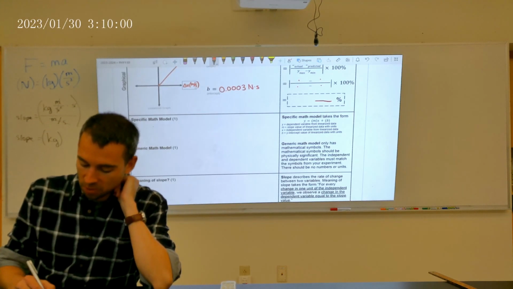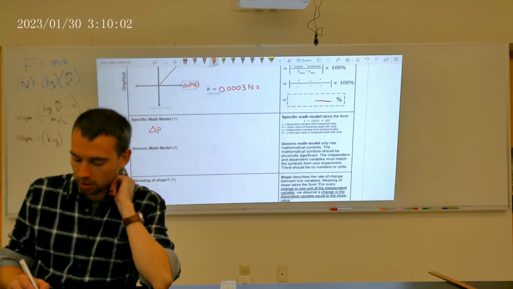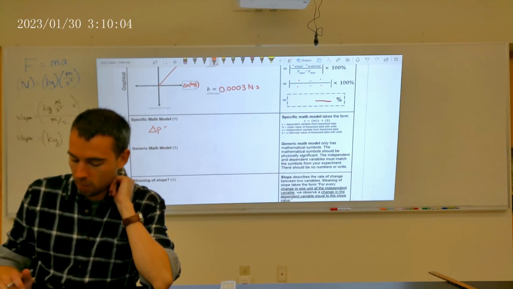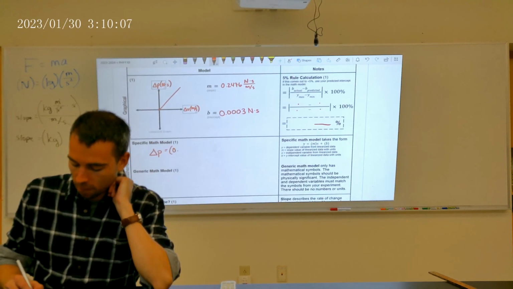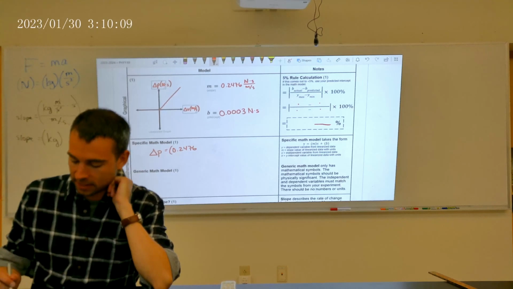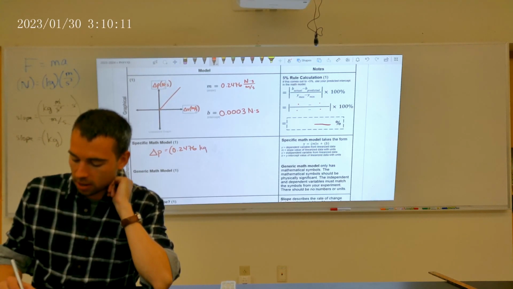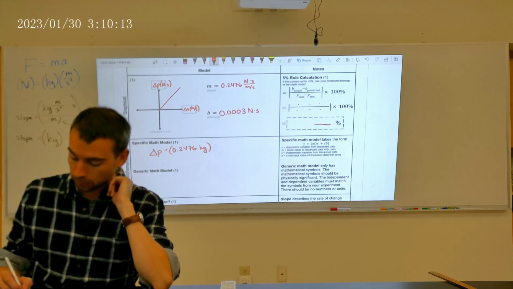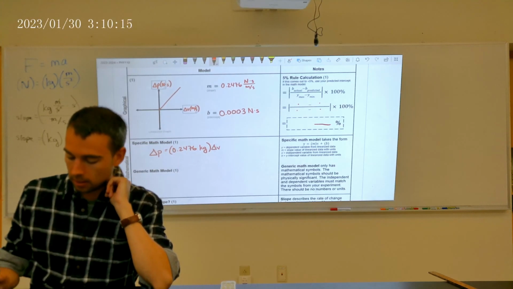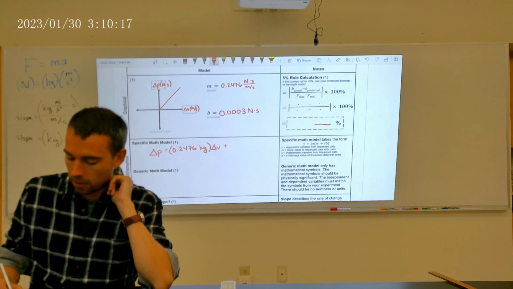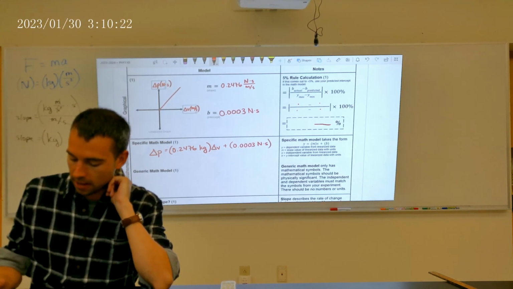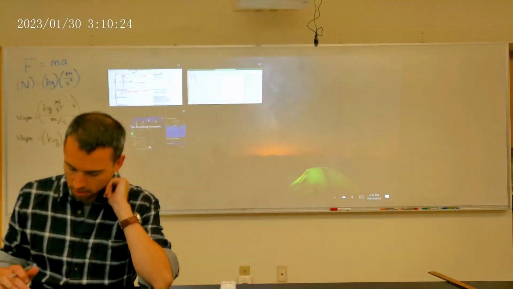For the specific math model, we have delta P on the vertical axis is equal to whatever our slope is, 0.2476, and we already figured out that the units are just kilograms. My delta V tags along as the independent variable, and I have 0.0003 newton seconds as my intercept. I wonder if there was a negative there.